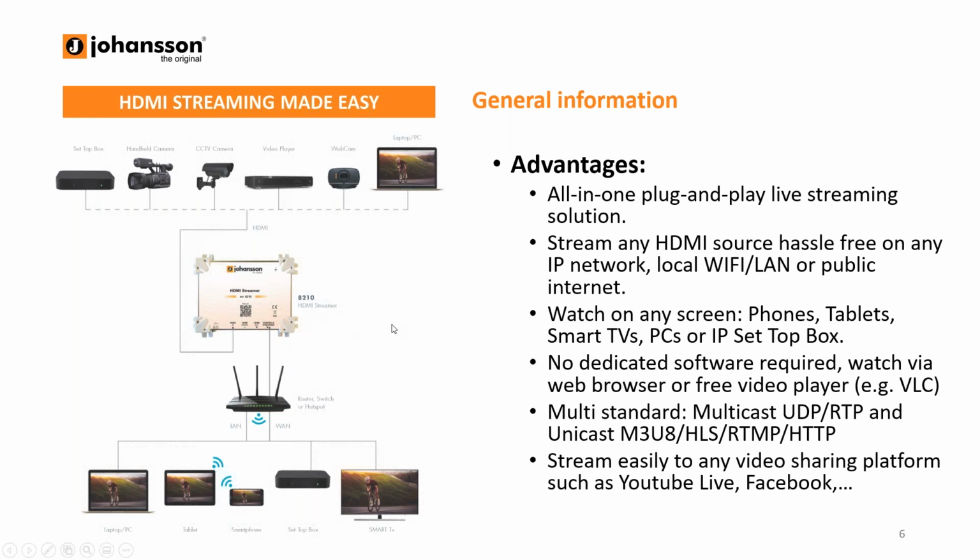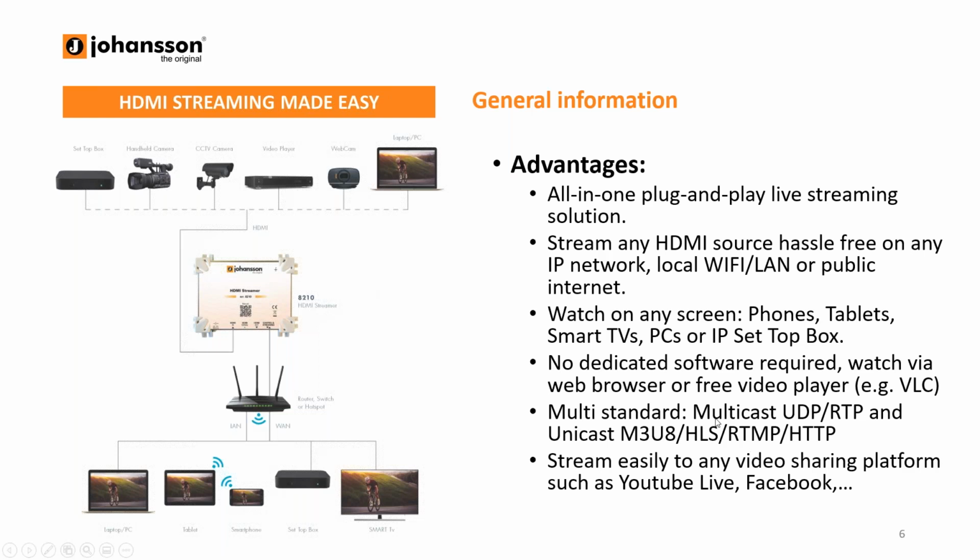As I already mentioned before, you can watch the stream on any device which has a web browser. You can also use third-party video players or hardware players like an IP set-top box.